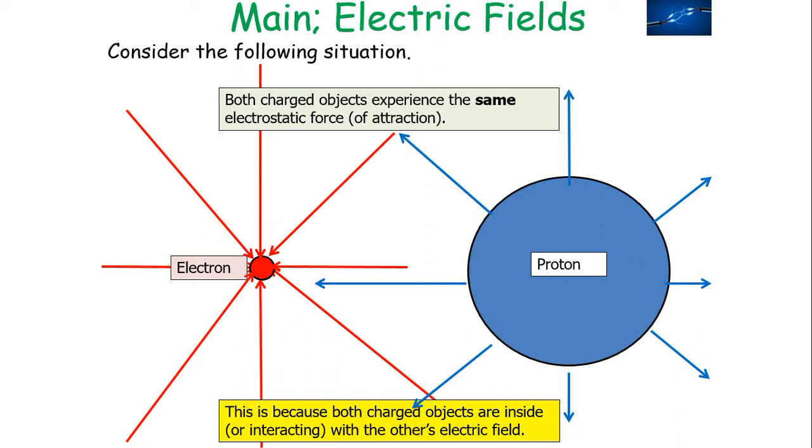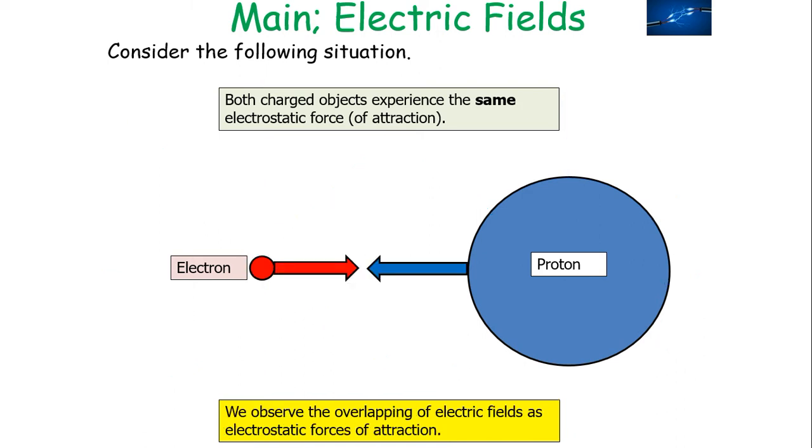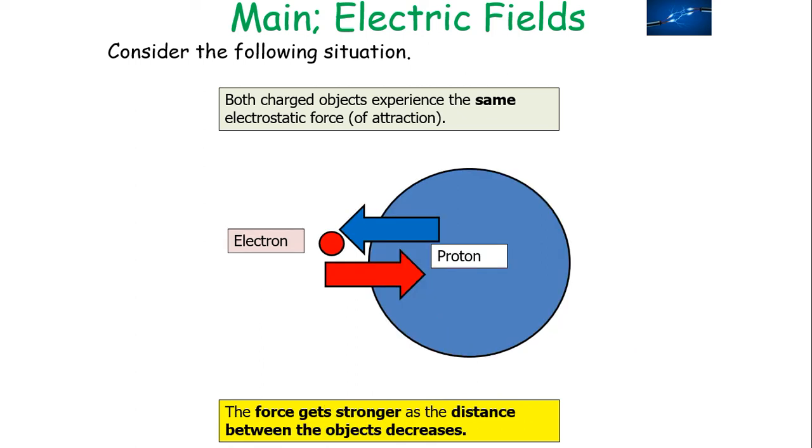So they both are affected by the other's electrical field, so they'll both experience an electrostatic force. So we observe the overlapping of the electric fields of charged objects as electrostatic forces, in this case of attraction. Obviously, if it was two charges of the same type, we'd experience it as the electrostatic force of repulsion.